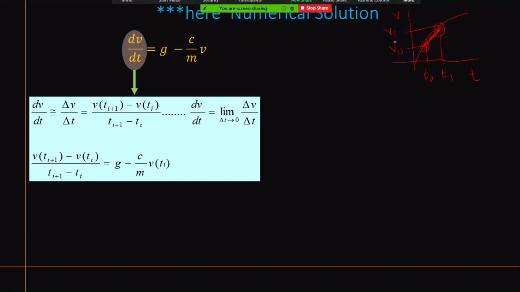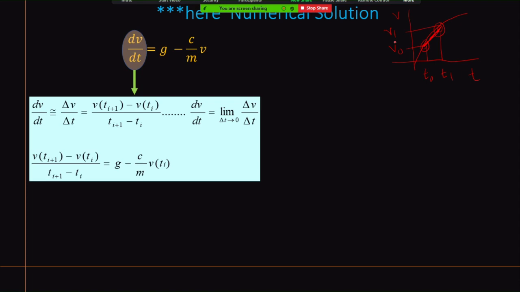So can I write this differential equation as v1 minus v0 upon t1 minus t0? This can be converted into a limit as the time step delta t tends to 0, and this becomes your dv by dt. So this is basically a definition of your differential equation.